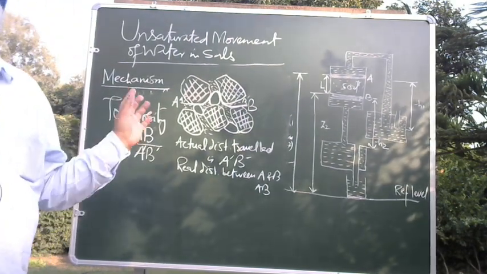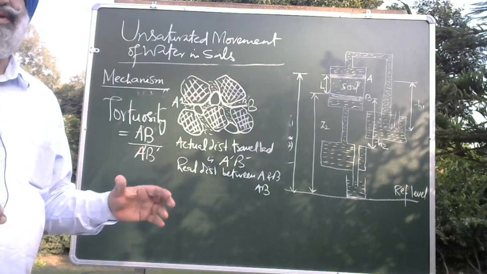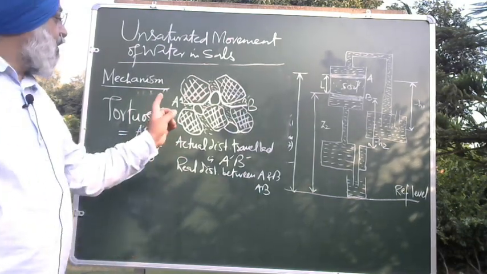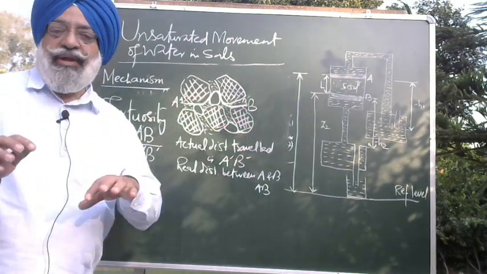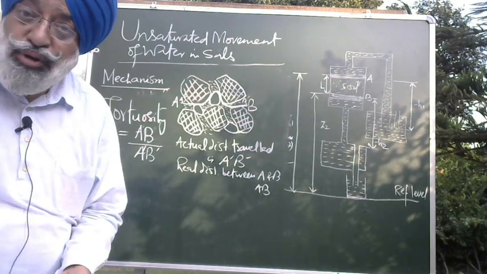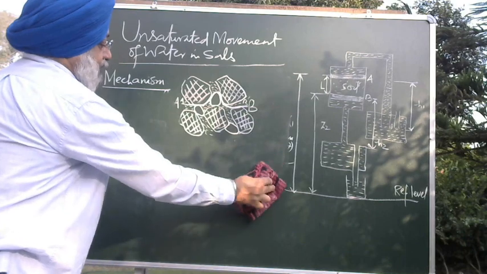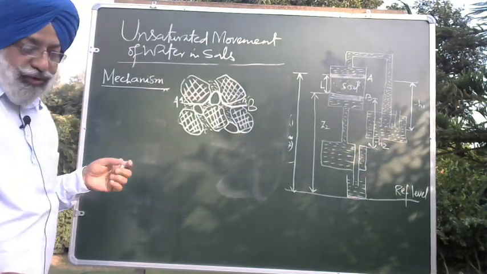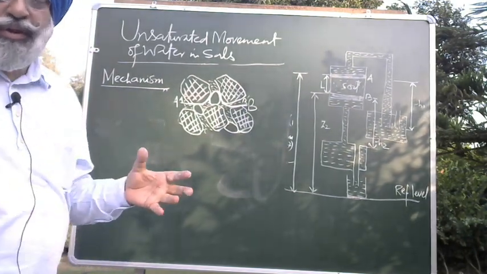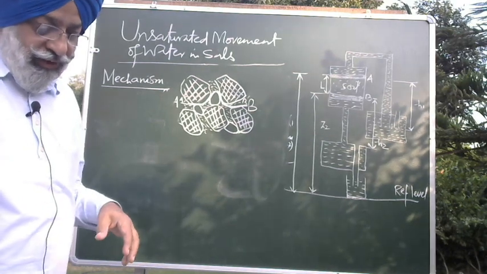So the ratio of the two is called tortuosity. So the first difference is that when soil becomes unsaturated, the movement of water is curtailed because of the tortuous nature of the soil matrix. There is no continuity of water in the soil for its movement.